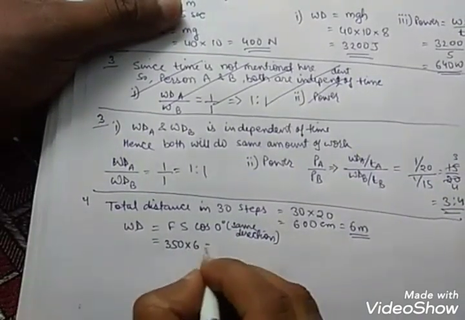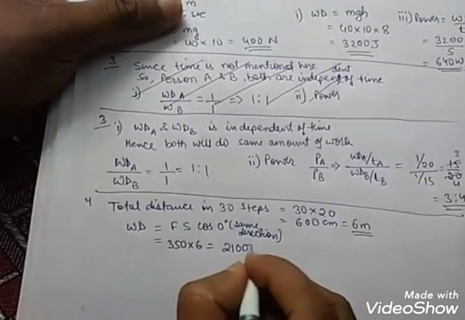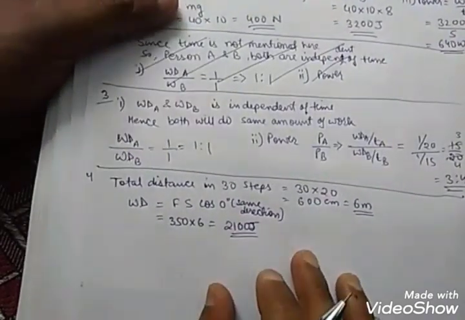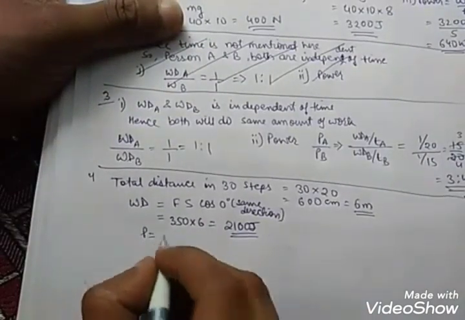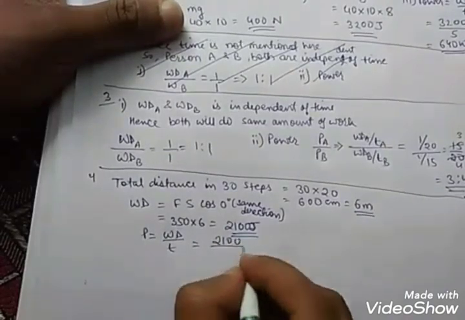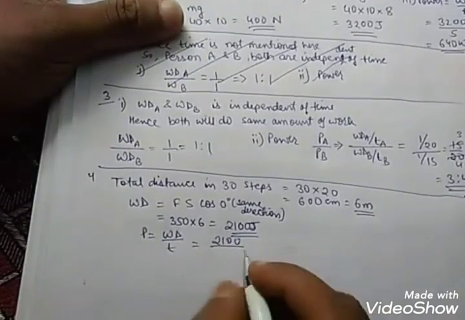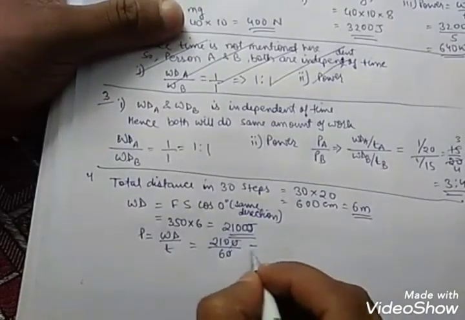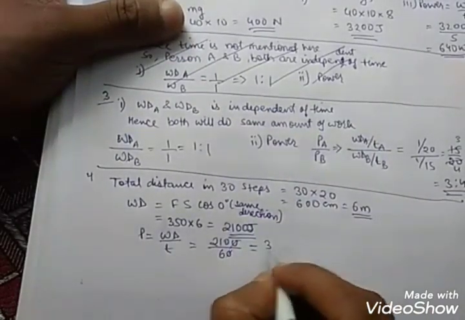So it is 2100 joule. So the power developed, power is equal to work done by time, that is equal to 2100 by time. What is the total time taken? 1 minute, that is 60 seconds. So it will come up to 35 watt.